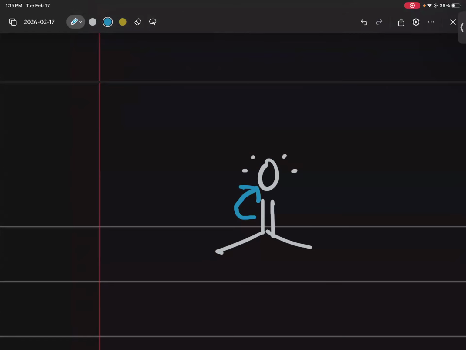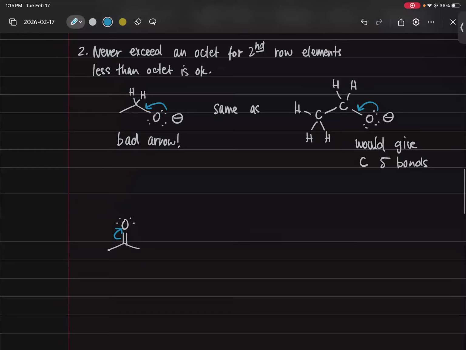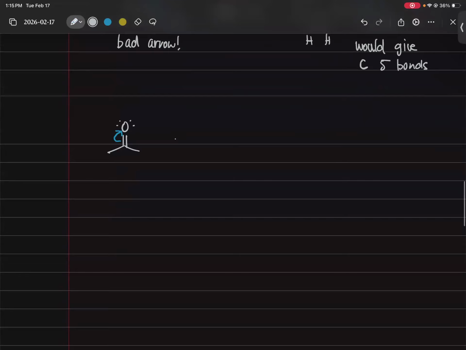So I started the arrow right in the middle of the double bond. Doesn't matter if you use this line or this one, the 2 lines are equivalent. The electrons are going to move up, and we're pointing the arrow directly at the oxygen atom. So this is going to result in a resonance structure.